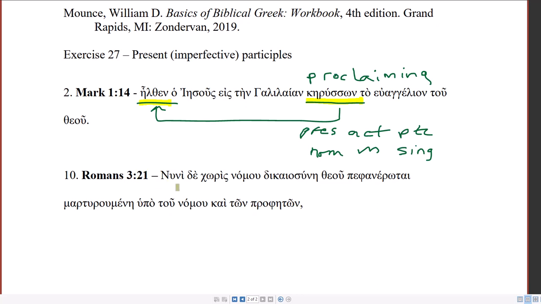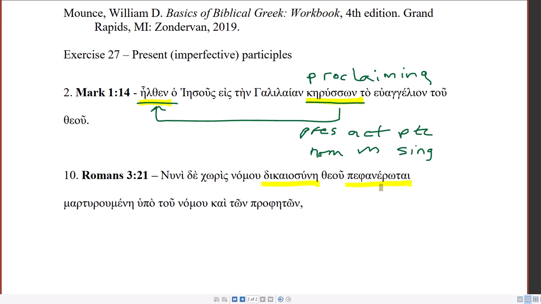All right, so we have de nuni, but now, or and now, choris, without, namu, without law. This is the genitive object of the preposition choris. And then we have a noun here, dikaiasune, and this is the righteousness, and then we have theou, genitive, righteousness of God. And then we have a perfect finite verb.